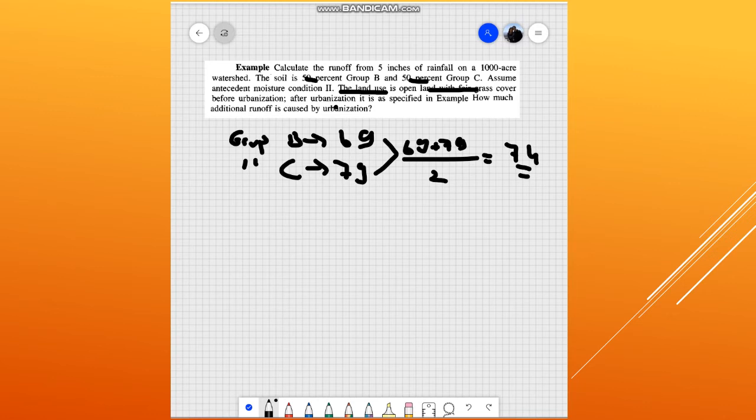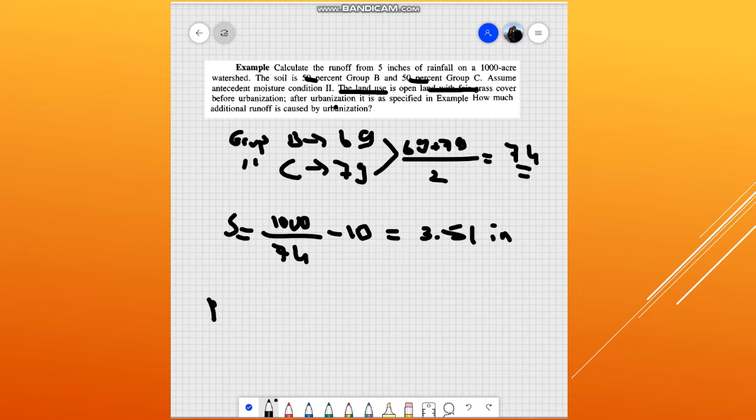Then we calculate, as we know, 1000 over the curve number, which is 74 in our case, minus 10. We can calculate it to 3.51 inch of potential maximum retention.